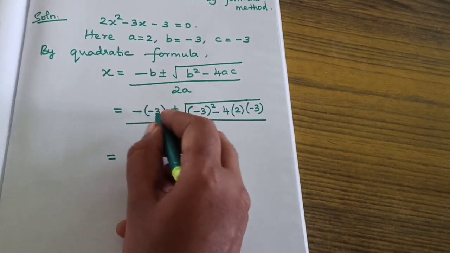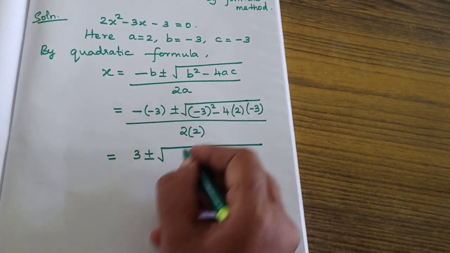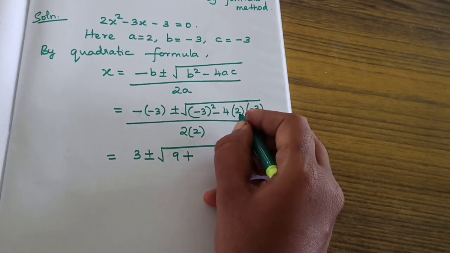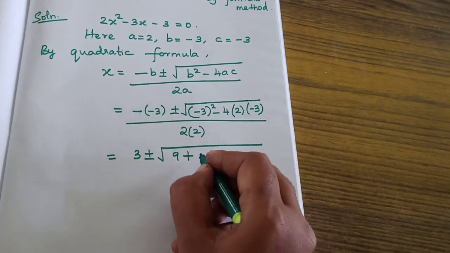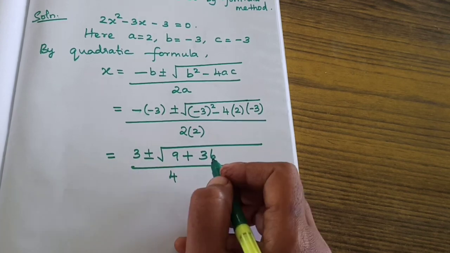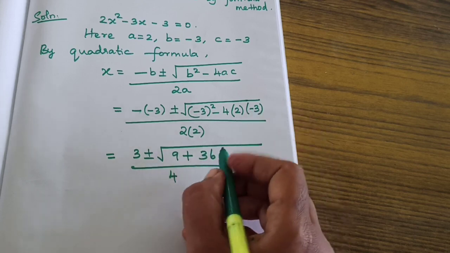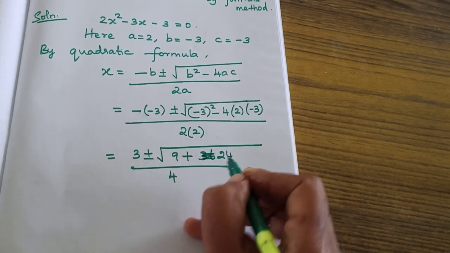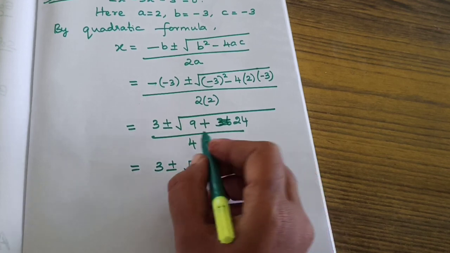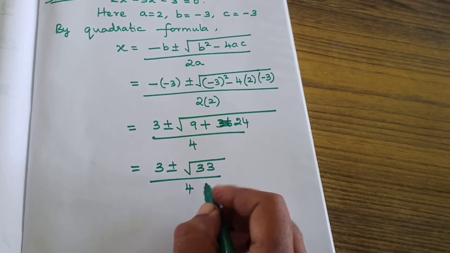Which is equal to minus into minus plus, 3 plus or minus square root of 3 squared is 9, minus into minus plus 4 twos are 8, 8 threes are 24. Sorry students, okay, 24. Then, which is equal to 3 plus or minus square root of, while adding we are getting 33, the whole divided by 4.